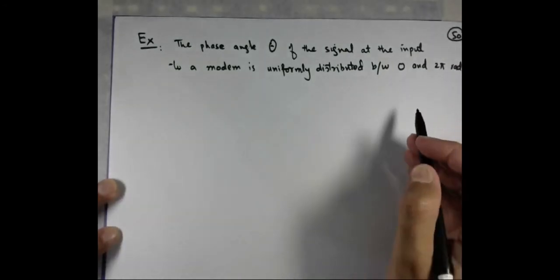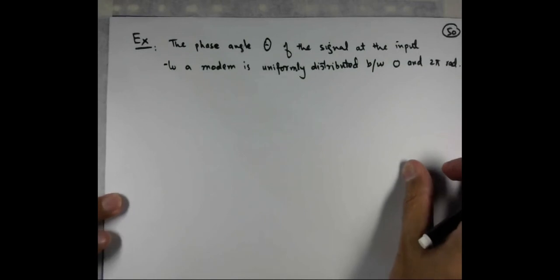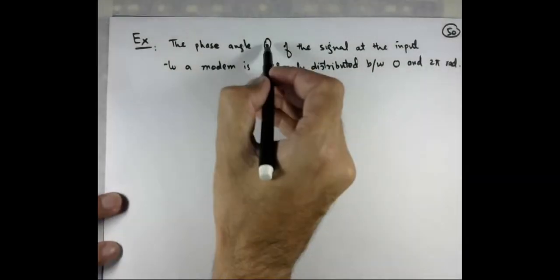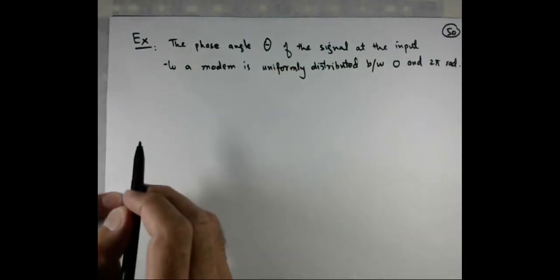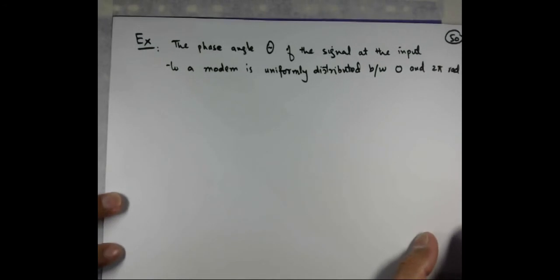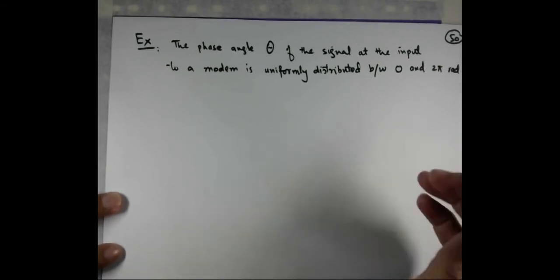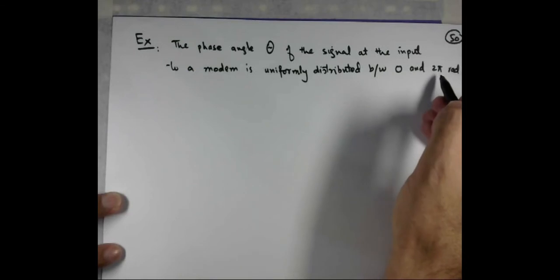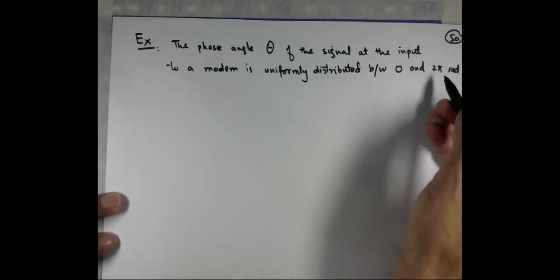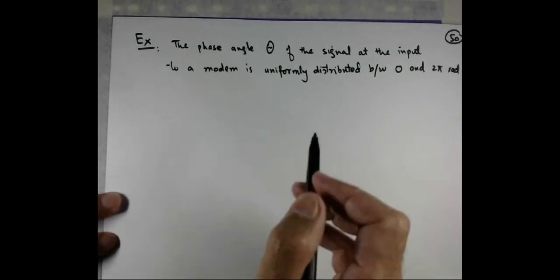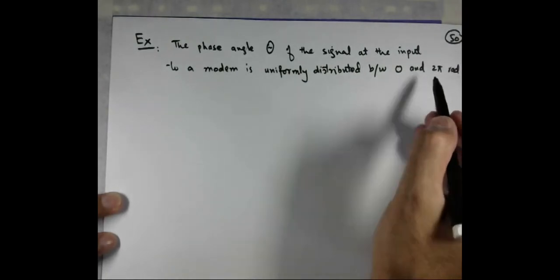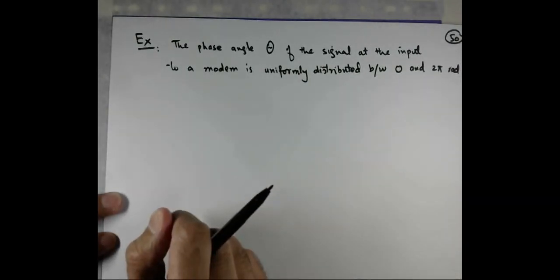So, the angle is distributed between 0 and 2 pi radians, which means this phase angle is a uniform continuous random variable, and its value can be anything between 0 and 2 pi with an equal probability. So, you take a small interval from this range, and it has the same probability as any other interval of the same size.